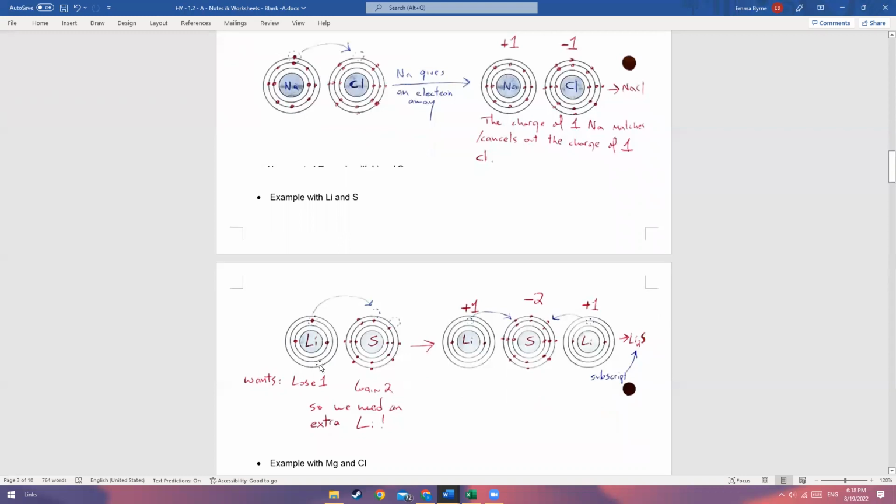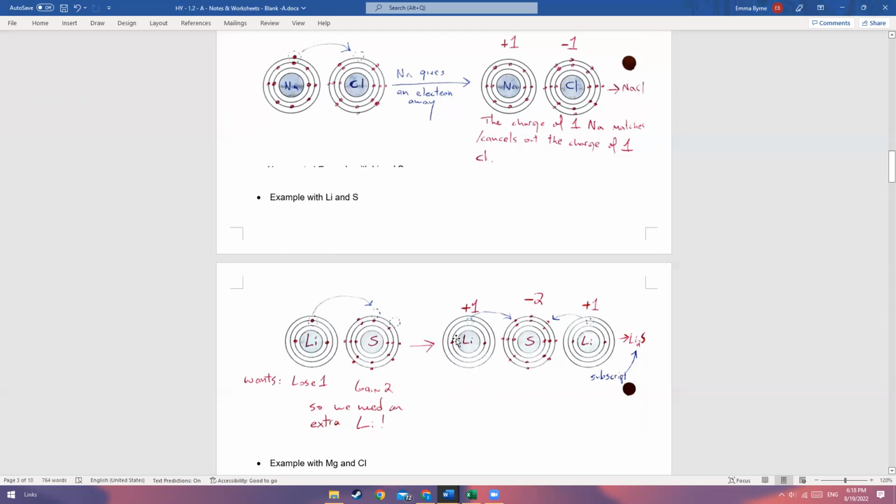So lithium, after this swap, the extra valence electron in lithium will go to sulfur. However, lithium can only lose 1. So actually we will need 2 lithium ions to fulfill the needs of this sulfur atom in terms of getting it to a full valence shell, right?